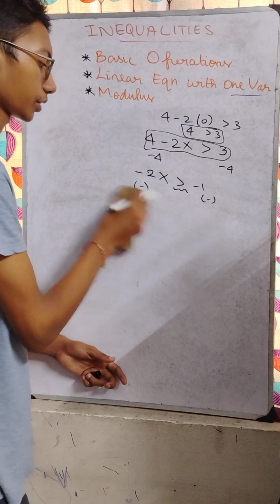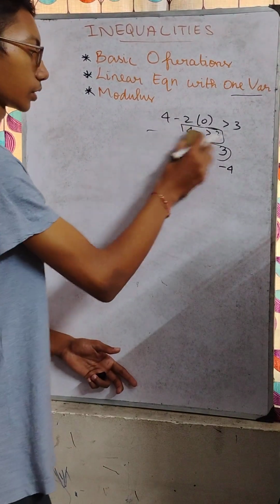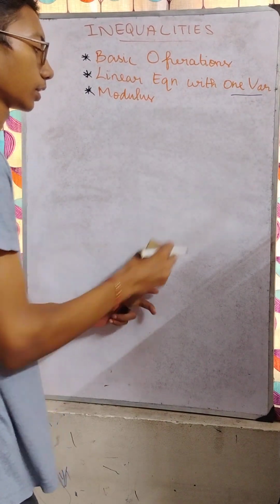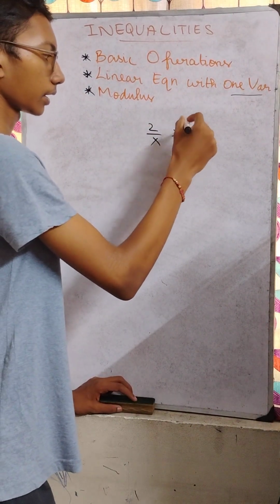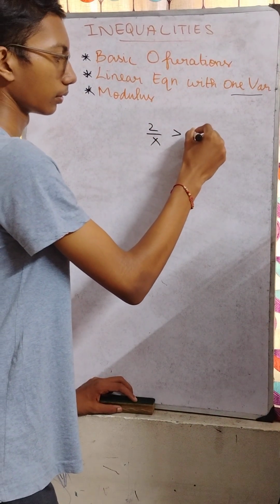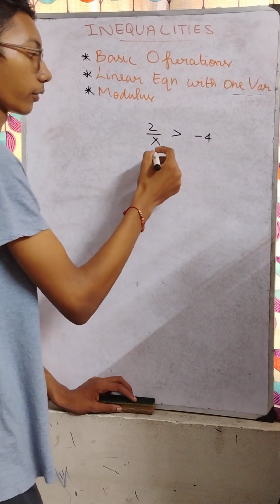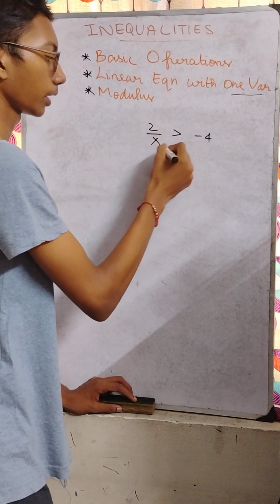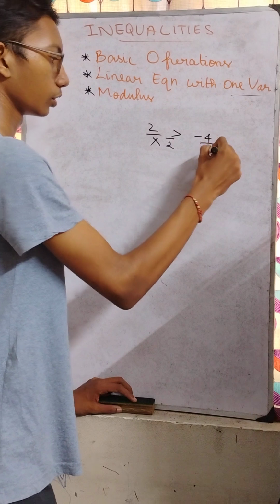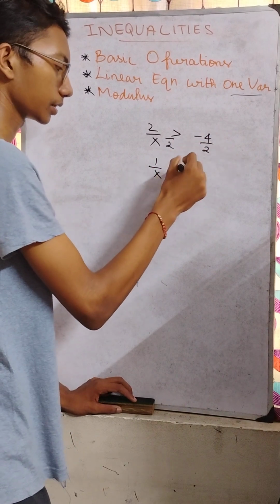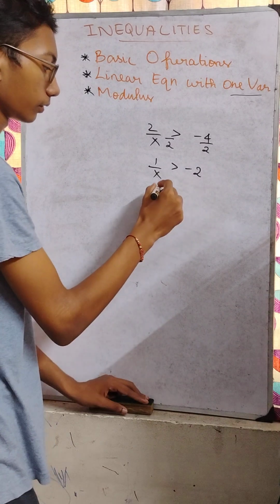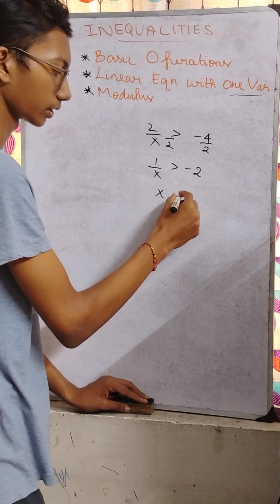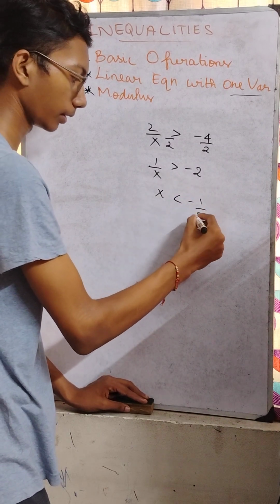So those are some basic examples. Now let's have a last example for this. Let's say we have 2 by x is greater than minus 4. So first we will divide both sides by 2. So we have 1 by x is greater than minus 2. Here we have to do the reciprocal, which means x is less than minus 1 by 2.